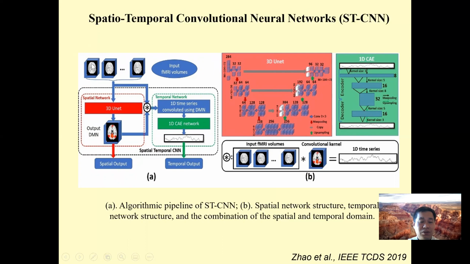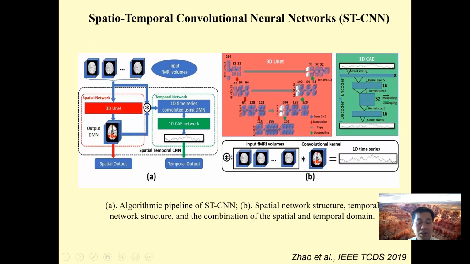We go through the 3D volumes one by one across the time series. Let's take one volume out of this 3D space, and then use a U-Net structure to go from the 3D volume to a brain network. So basically, we are doing prediction from the volumetric fMRI data to a brain network volume, for example, the default mode network like this.